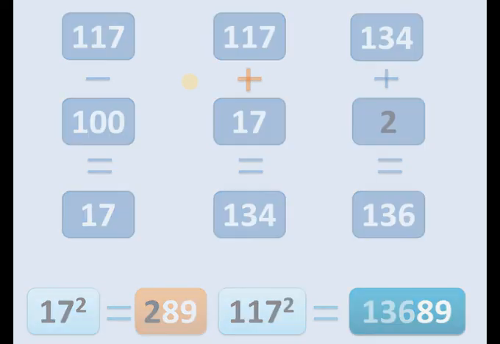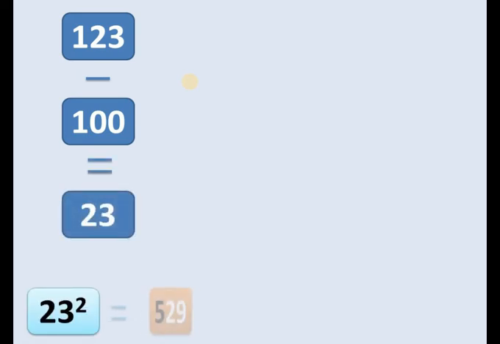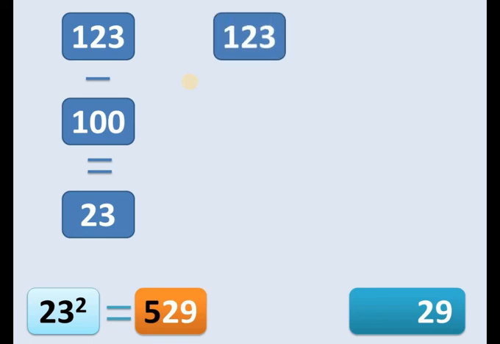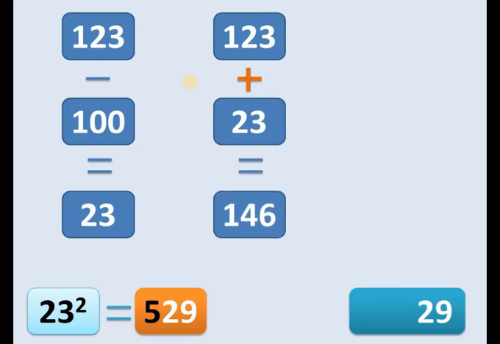Let's try out one last example. Let's take number 123 to calculate the square. The difference is 23. So the square of 23 is 529. Now 29 will be the first part of our answer. Moving to the second part, 123 plus the difference 23 to get 146.